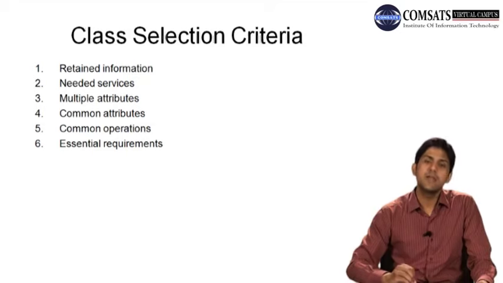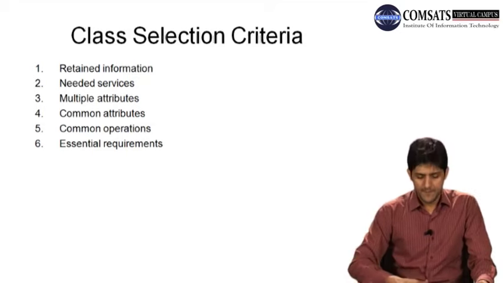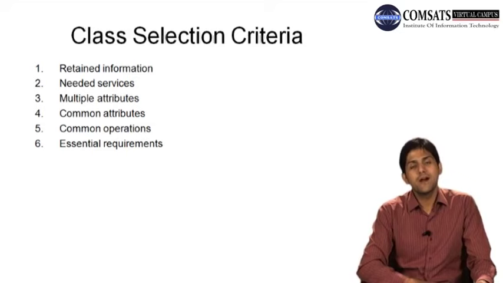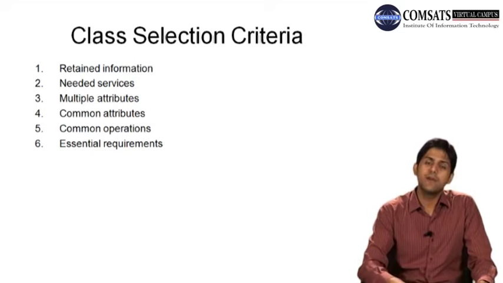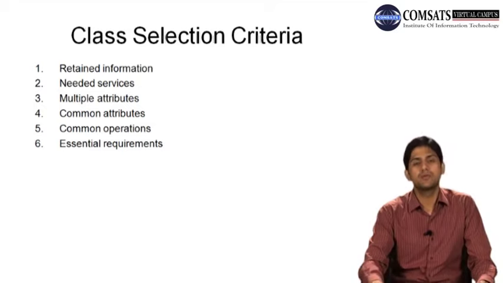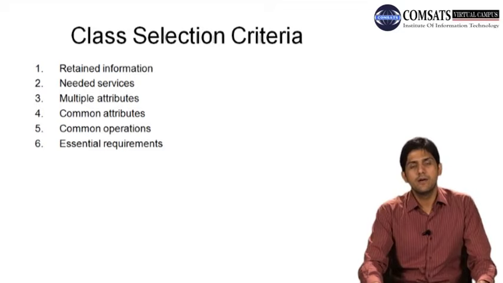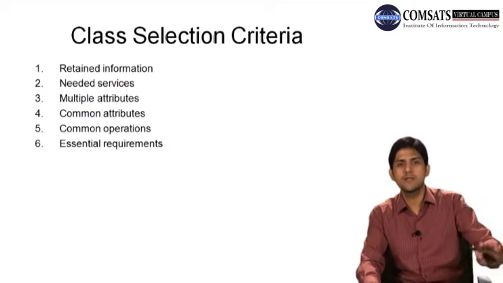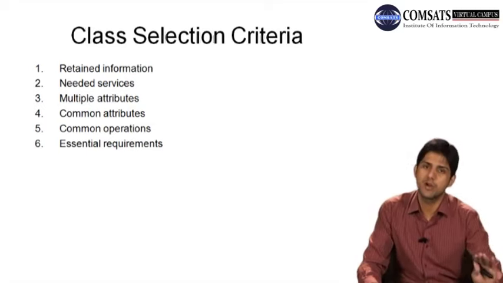The first one is retained information. Whenever you have a potential class, there should be some information that you store about that class. If that is not the case, you reject that particular instance. You say, no, that does not satisfy this retained information criteria.